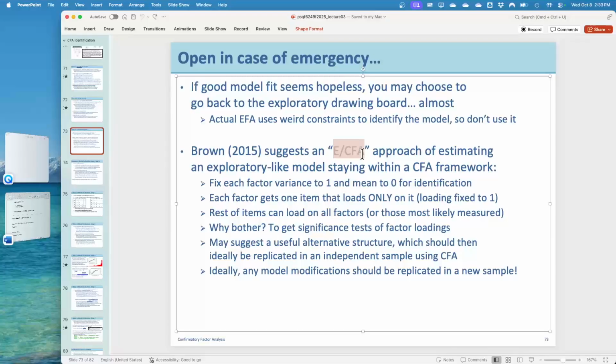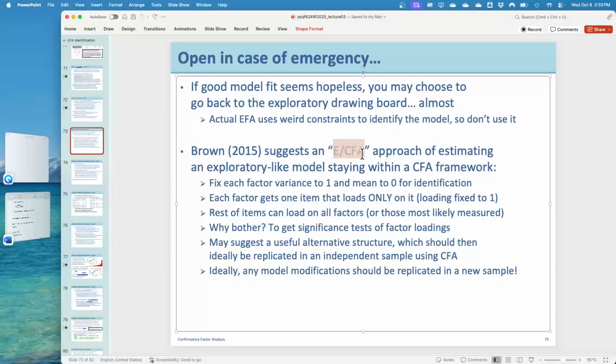Up to this point I've said there is no such thing as an exploratory version of confirmatory, no such thing as an exploratory maximum likelihood factor analysis. You have to set constraints. Yes, but here's how you can estimate the most loadings otherwise.